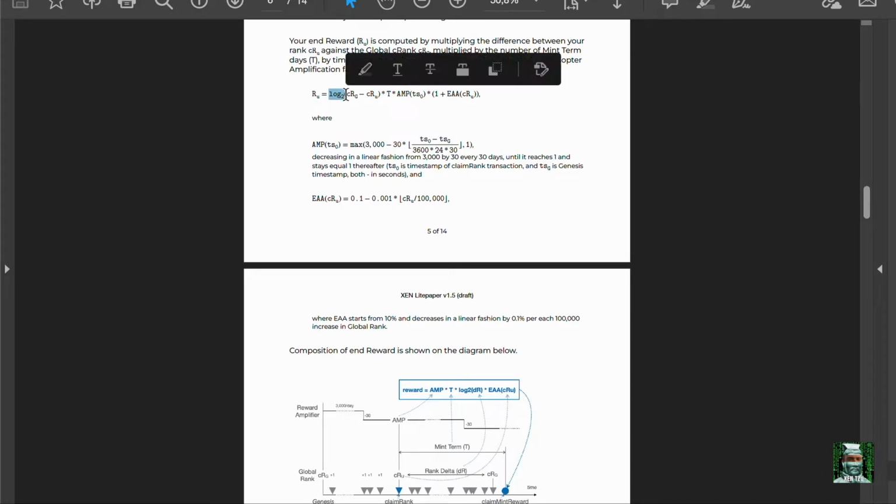Another thing to point out, which is very interesting here, is that as you can see here, your crypto rank is subtracted by the global rank. So what does this mean? Well, it means that your reward is going to be bigger if the global rank is bigger. So what does this mean?